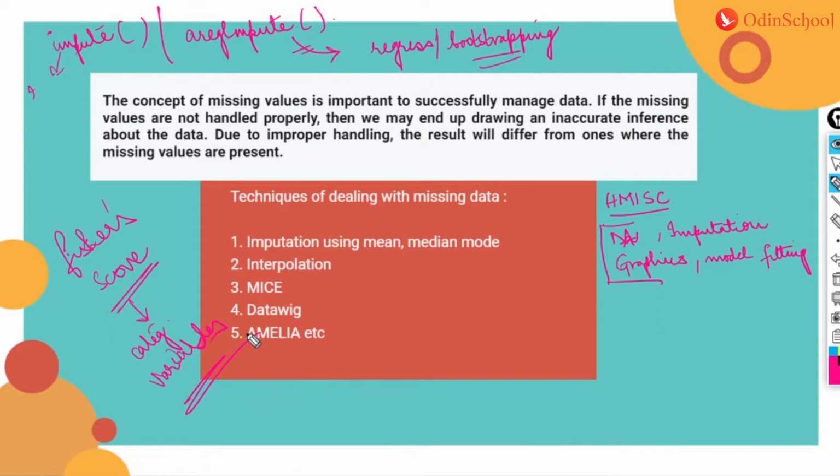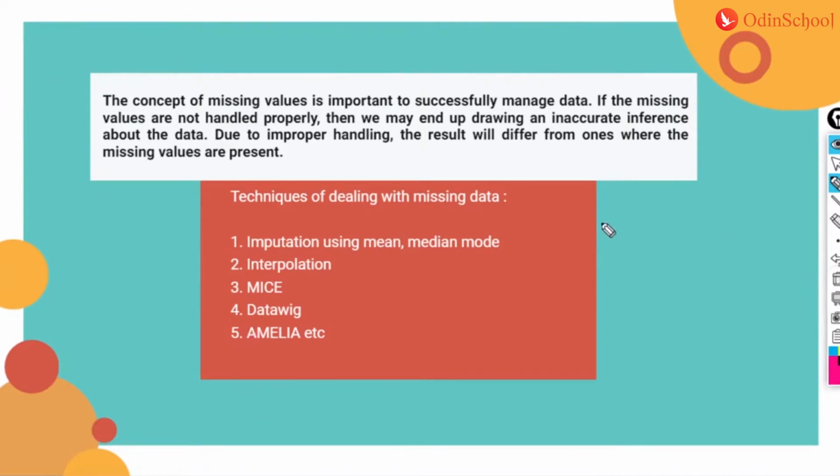Right, guys. And there is also another library which is MI, and we wouldn't be talking about this much in detail, but just to give you an idea, MI is multiple imputation. And when you talk about MI, it has several features for dealing with missing values.